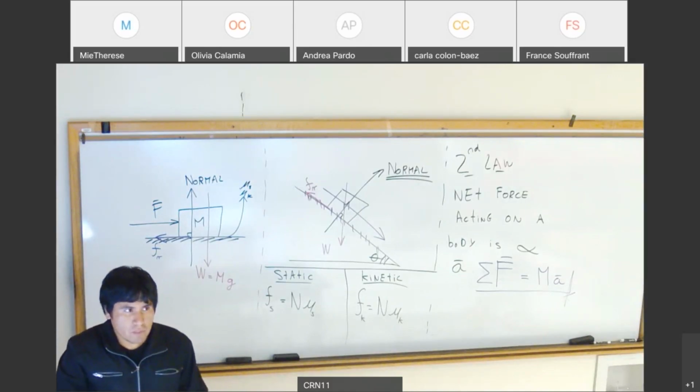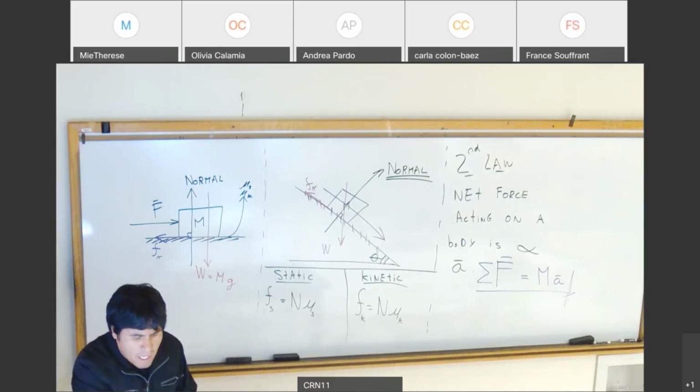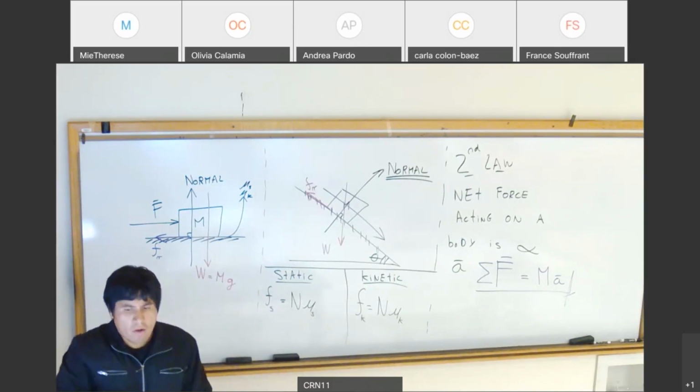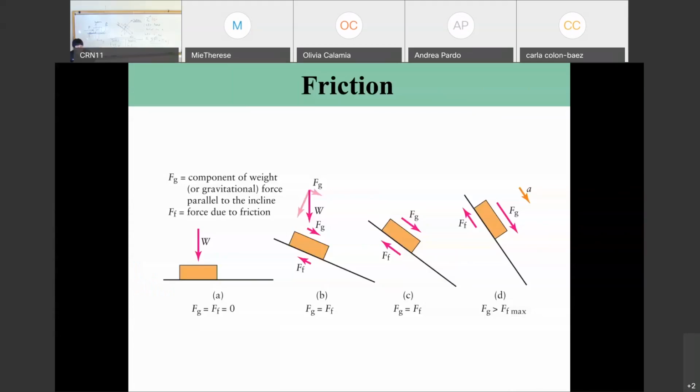All right. We probably won't do a lot of problems on that, but I'll show you a couple of examples. The most interesting ones are the ones on inclined planes, because that's when you have to use the geometry of the problem. Here we see Fg, or mg, the gravitational force, the weight.